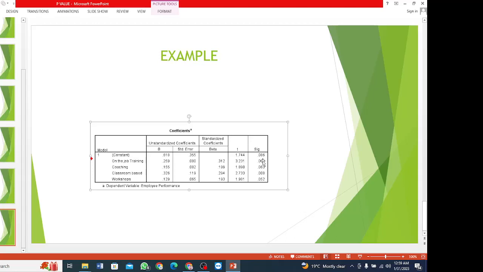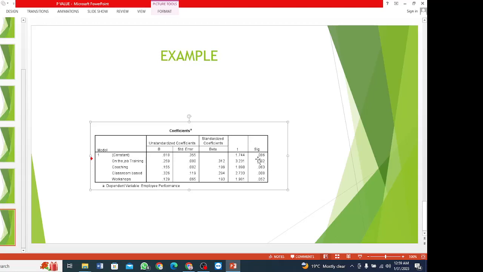The p-value for the first independent variable is 0.002, and 0.002 is less than 0.05. Therefore, we would say that the relationship between on-the-job training and employee performance is statistically significant.